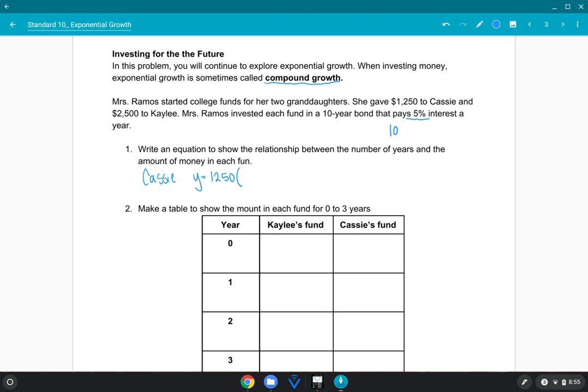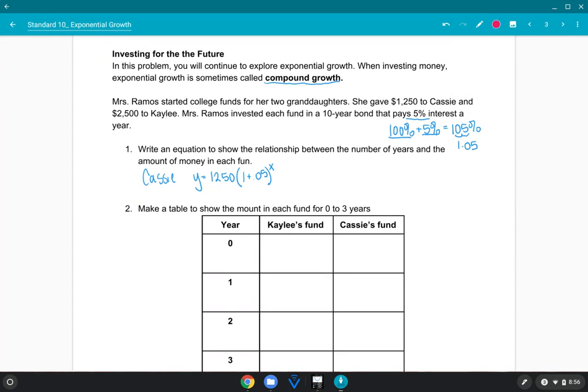It keeps 100% of its value plus 5% of its value. Okay, and now we need to put 105% in a decimal. 1.05. So we could say it's 1 plus 0.05, 100% plus 5%, to the power of X. Cool?